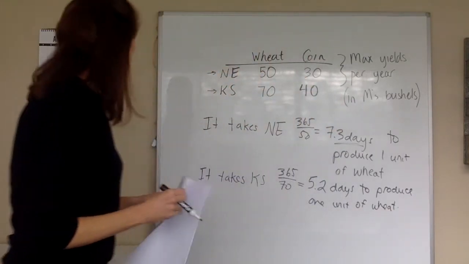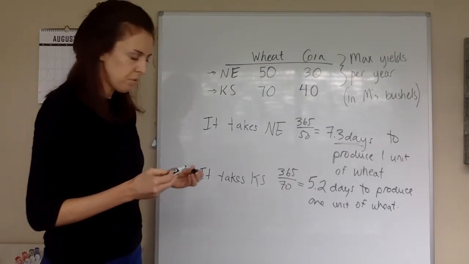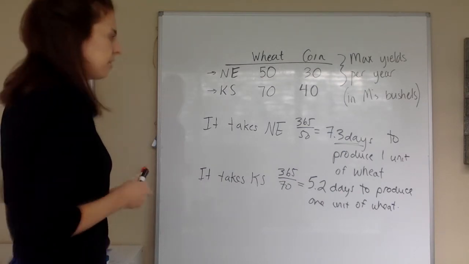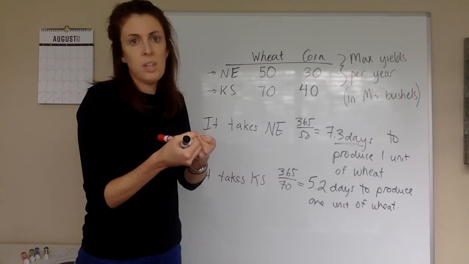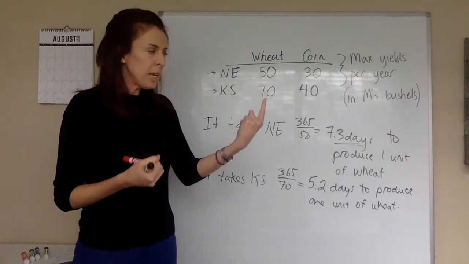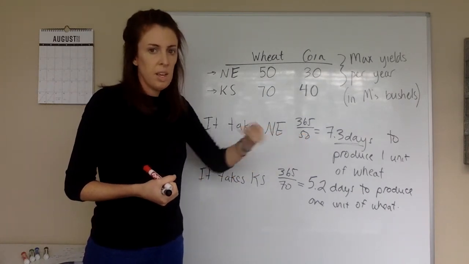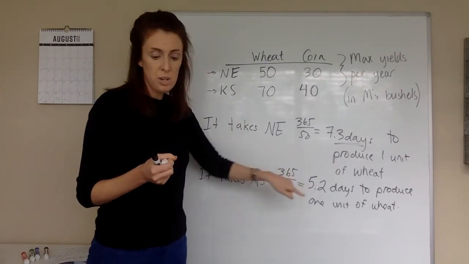Okay, with just this, we can figure out which state has the absolute advantage in wheat production. Absolute advantage says you can make 1 unit of a thing using fewer inputs. If Nebraska wants to make 1 wheat, it needs 7.3 days. If Kansas wants to produce 1 wheat, it only needs 5.2 days.